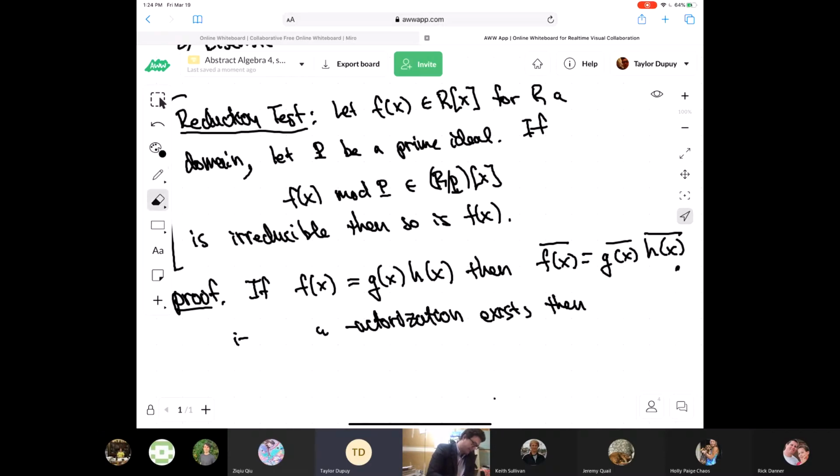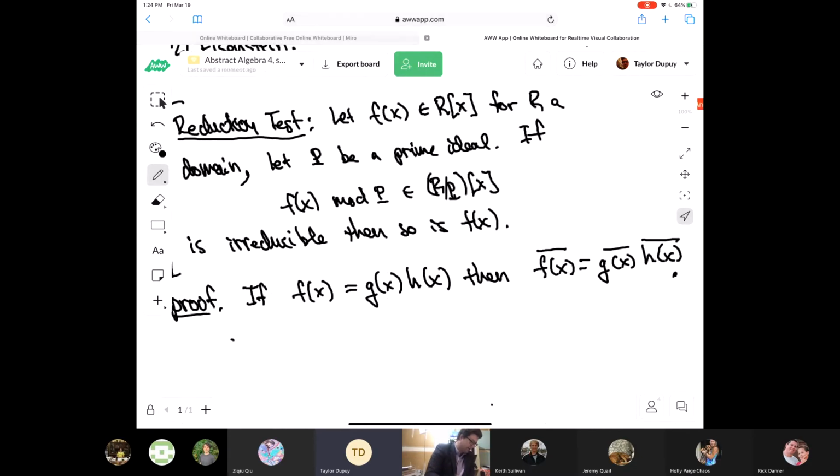Sorry, it's just that easy. So the converse is if you can't factor mod P, then you can't factor the original. Okay, so let's do an application.